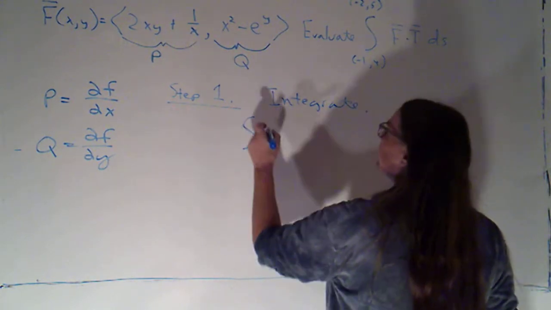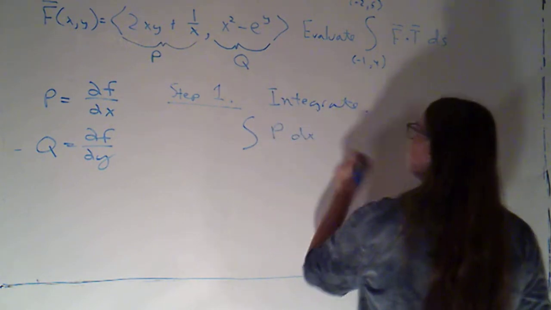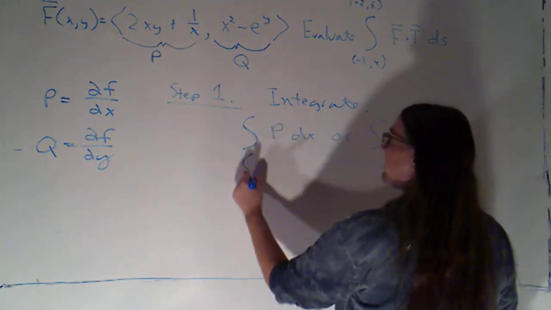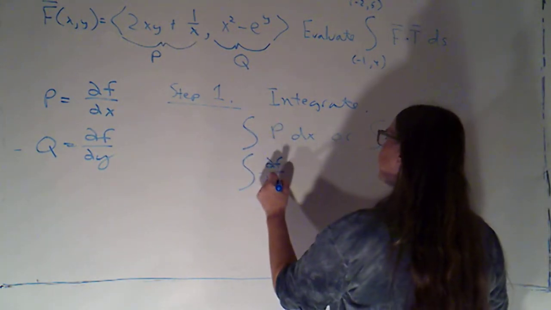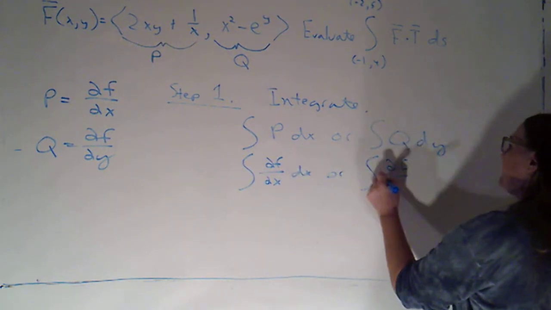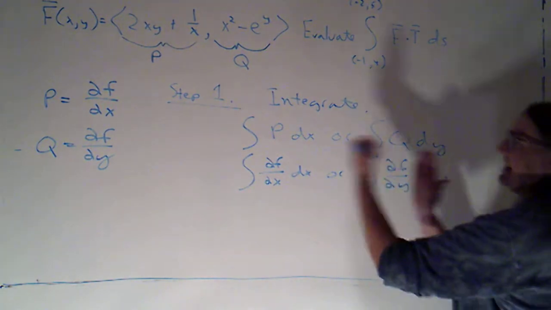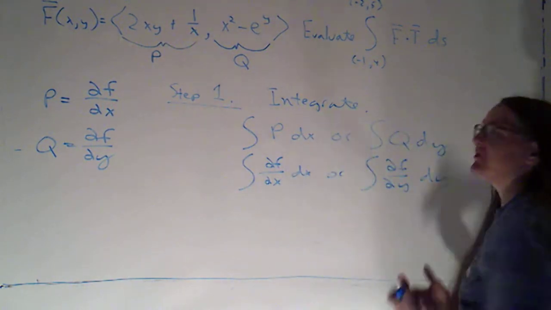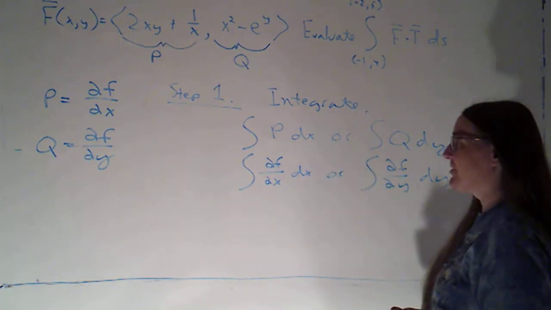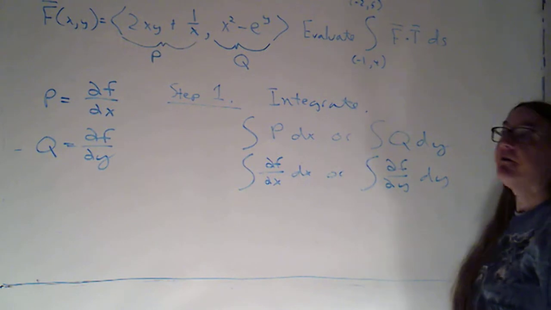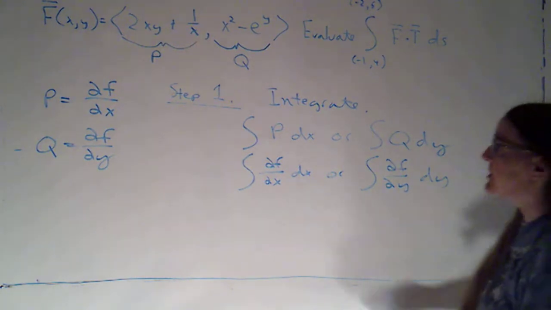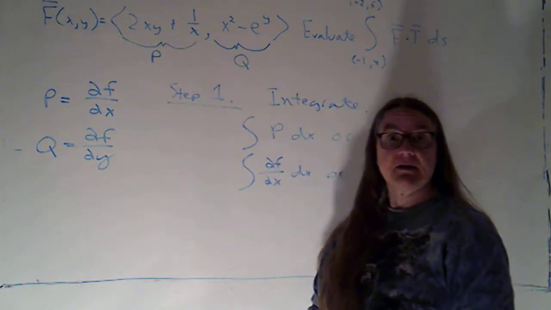And it'll be either integrating p dx or integrating q dy, because of course if I'm integrating p, I'm integrating the partial of f with respect to x, and if I'm integrating q, I'm integrating the partial of f with respect to y. So I'm taking an antiderivative of the derivative, which should give me a partial formula, because I'm only integrating a partial derivative, a partial formula for my potential function. Okay. So it really doesn't matter which one I pick. I think I'm just going to integrate p with respect to x.